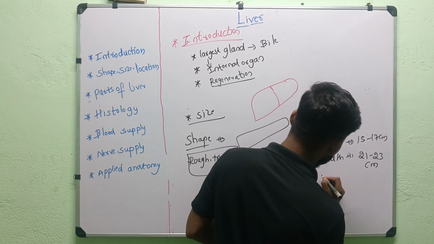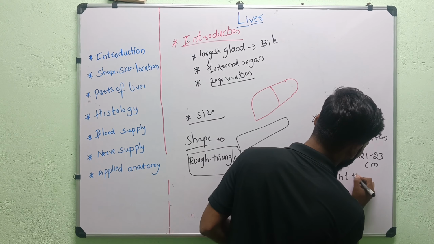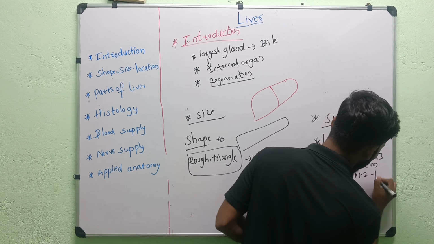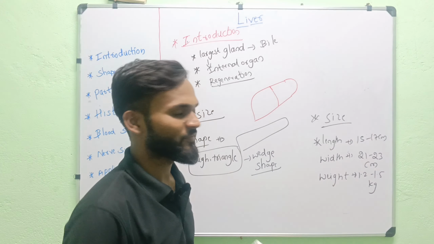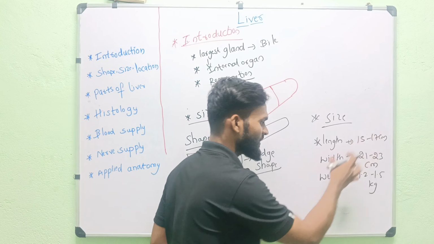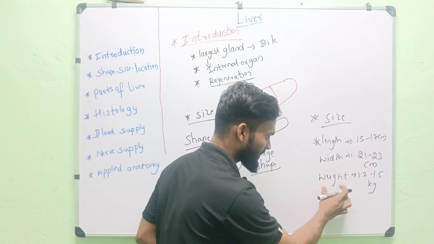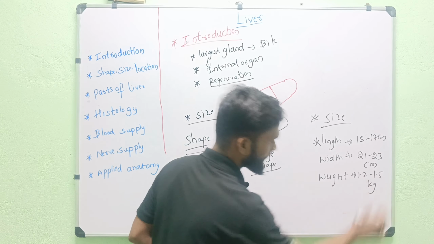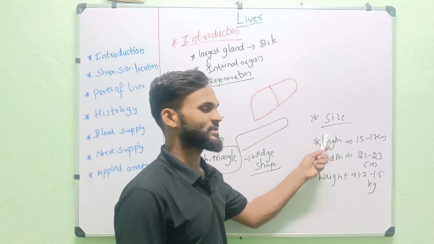Then the average weight of your liver is 1.2 to 1.5 kg. It is all about the size of your liver.